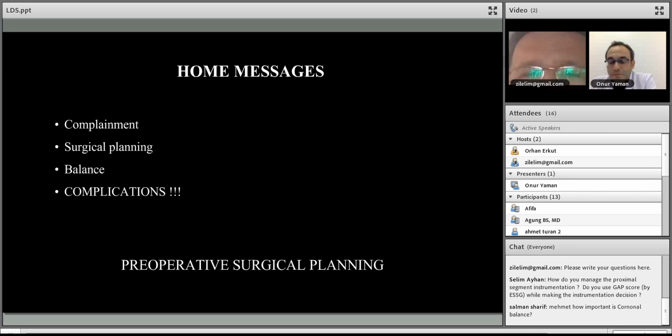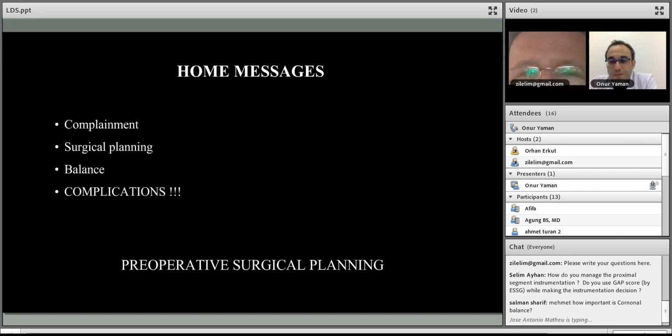Yeah, I'm using PEEK rods at the proximal levels. I pass the apex of the scoliosis, come to the end plate and pass that part, and I use maybe one or two segments at the proximal levels, and I use the PEEK rods there.